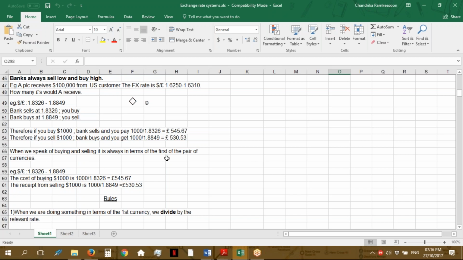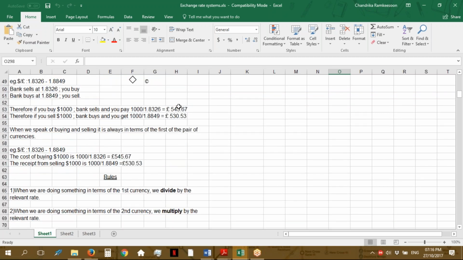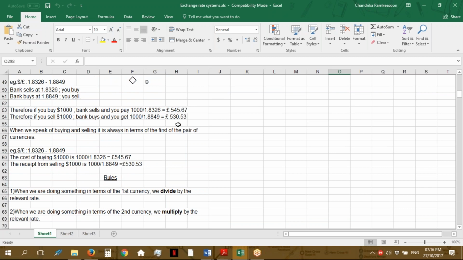Now I have some examples here, just recapping how we work out the different things. Anytime you're in doubt, remember, if you take a certain sum of money, and let's assume that you've got a thousand US dollars, and we are in the UK here.